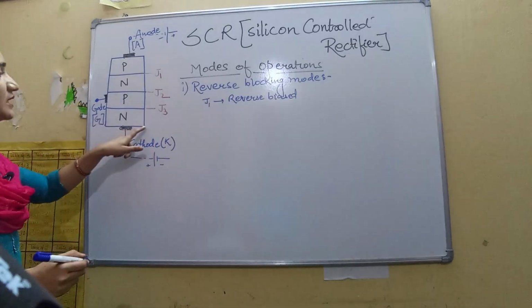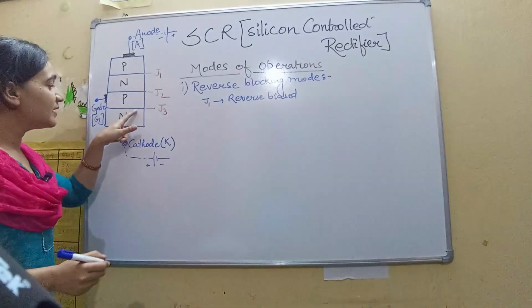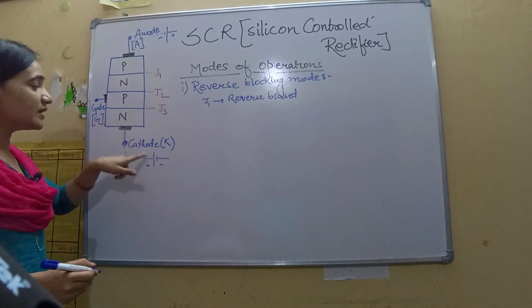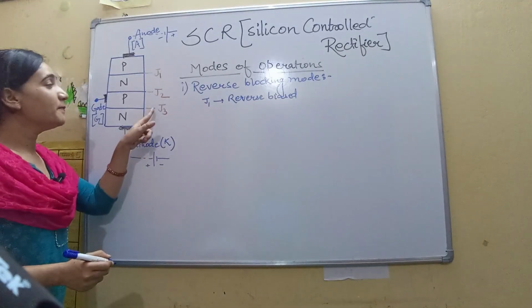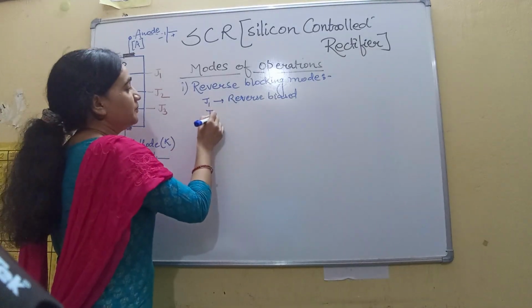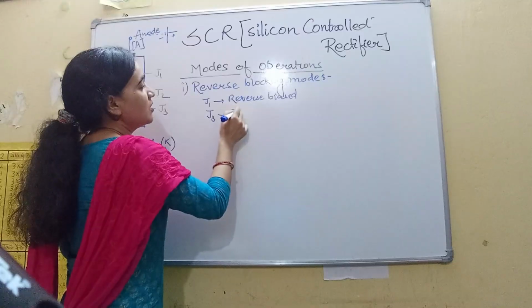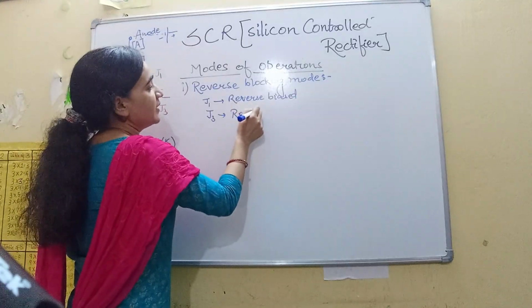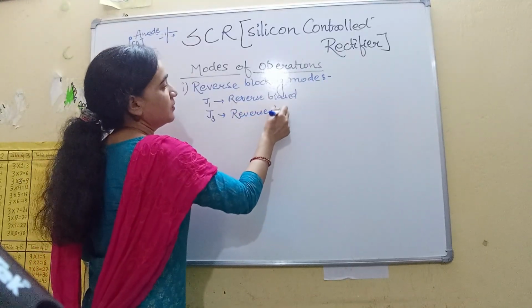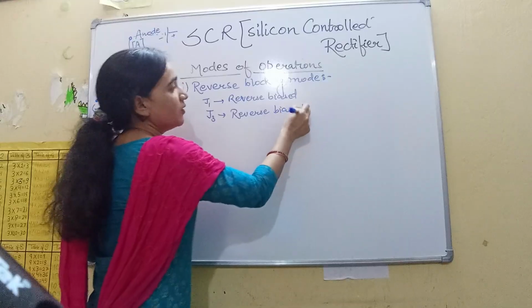Similarly, if we see the J3 junction, here this N is connected to the positive terminal, which means J3 is also reverse biased.